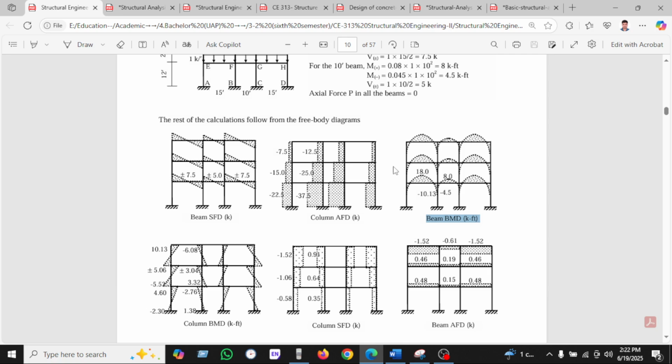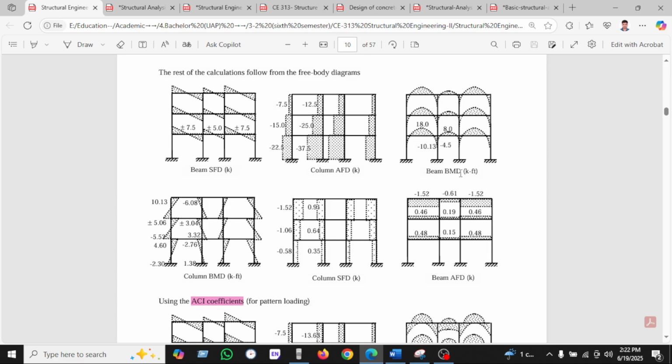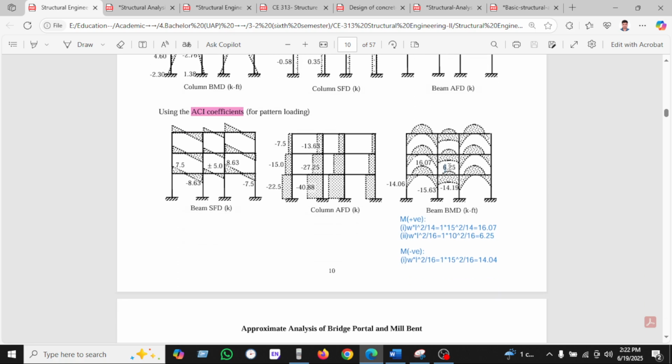We found 18 for the exterior bending moment in the approximate method. For the ACI coefficient we found 16.07. For the interior moment we found 8, and 6.25.